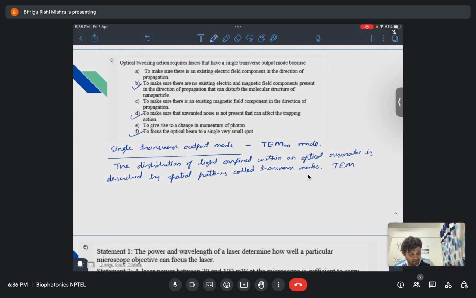It is represented as TEM with subscript NM. T for transverse, EM for electromagnetic, and NM is the important thing here.